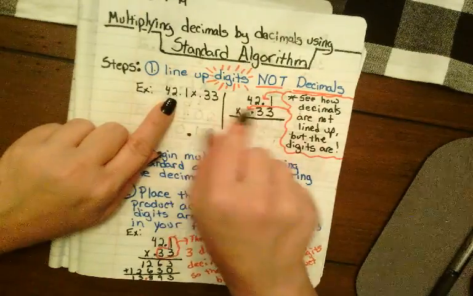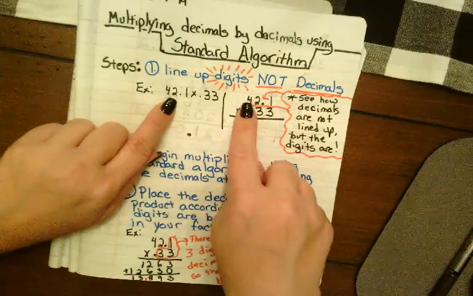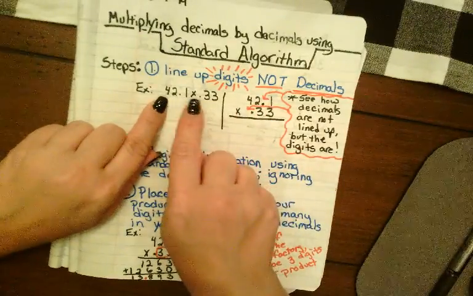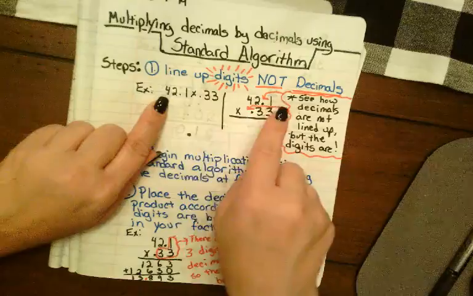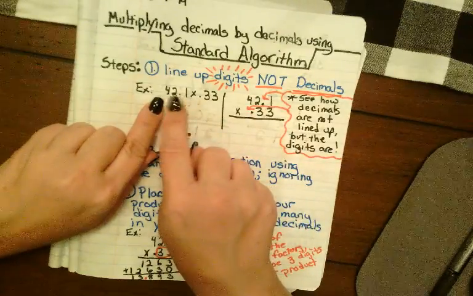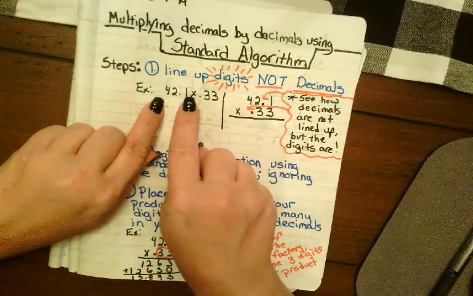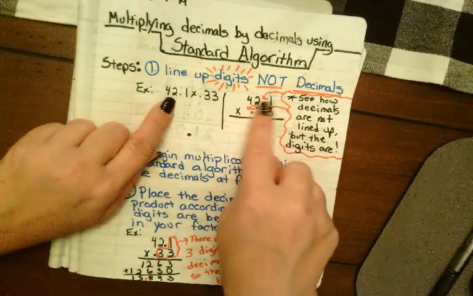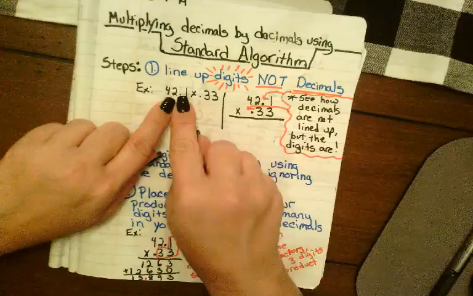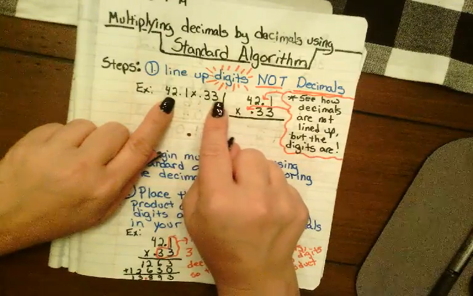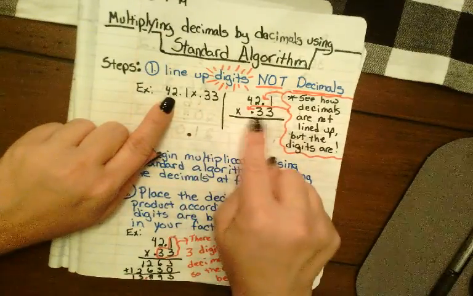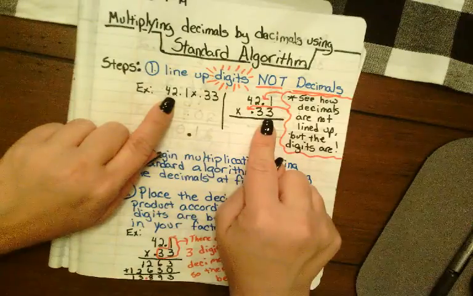So the first thing I always tell kids is write out the longest one on top first. So this one is longer just because it has 3 digits in it. This one only has 2. So I like to put it on top. Then I put the shorter one with fewer digits below it.